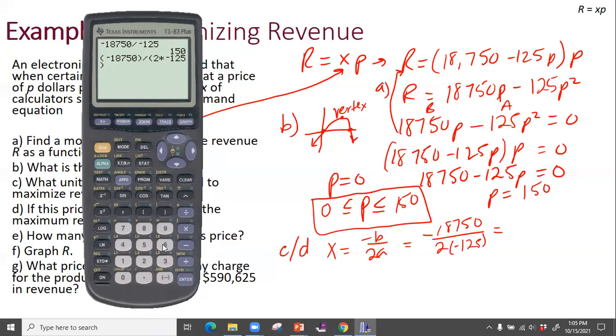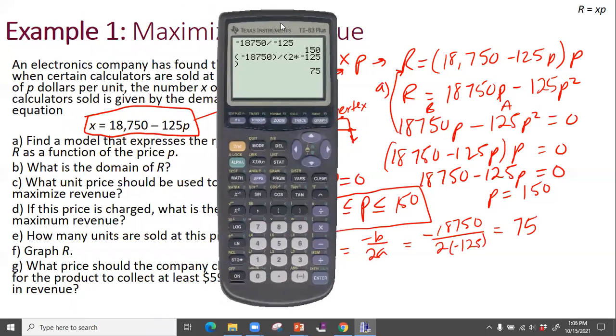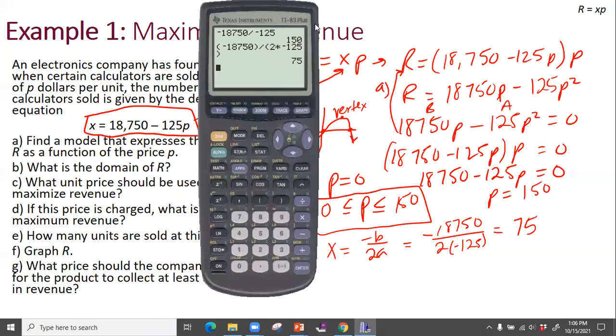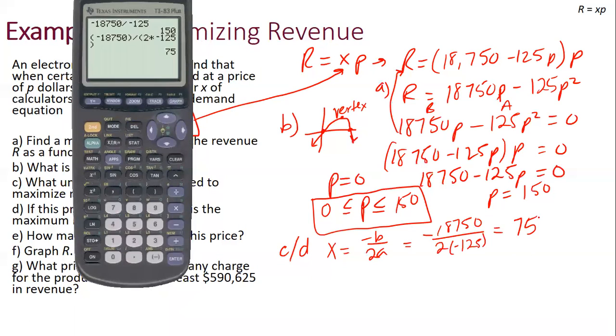I put everything I write down in the calculator, make sure I don't miss anything. Hit enter, and I get 75. So now I know part C, what unit price should be used to maximize the revenue. 75 is the unit price.